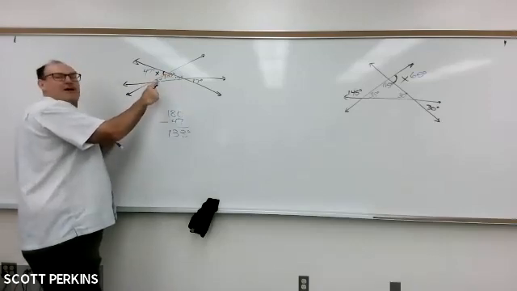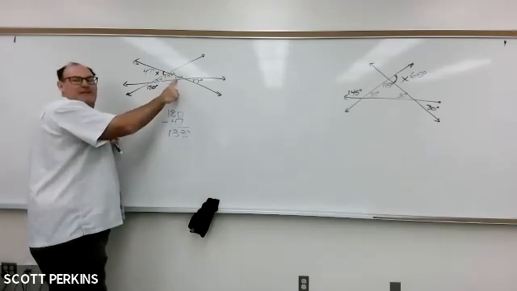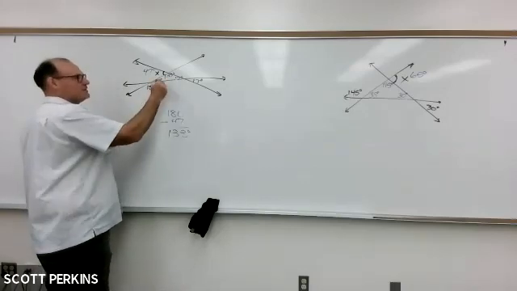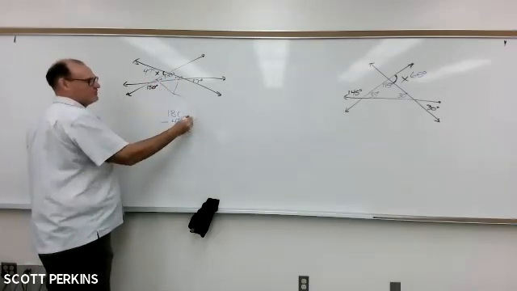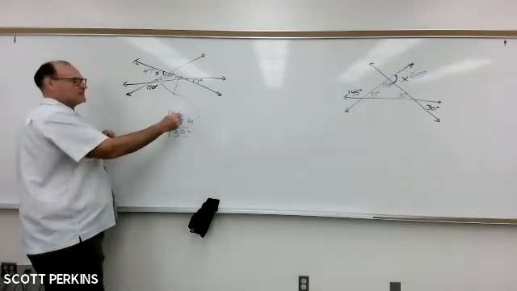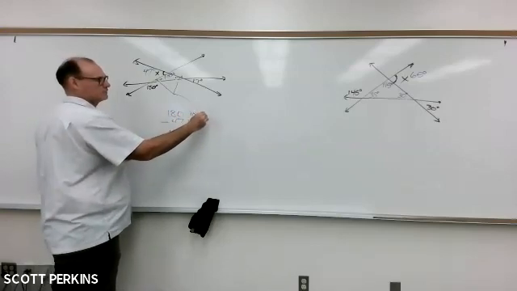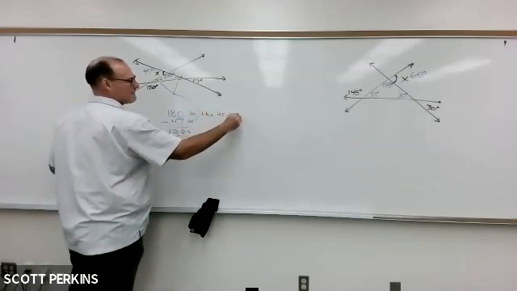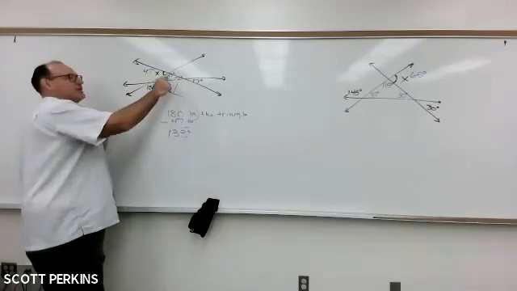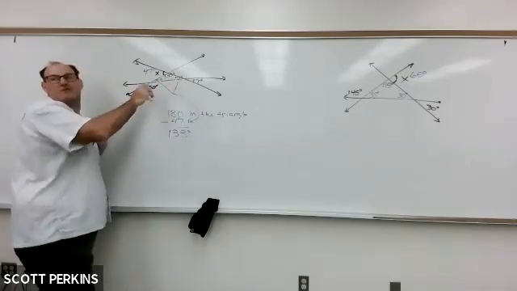So we were able to figure out this one was 30. We were able to figure out that one is 17. And so 30 and 17, I took these two things right here, and that gave me 47 degrees right there. And so this is my 180 degrees in the triangle. So 180 minus the 47 left me 133. So that has to be the big angle of the triangle. That's where that came from.